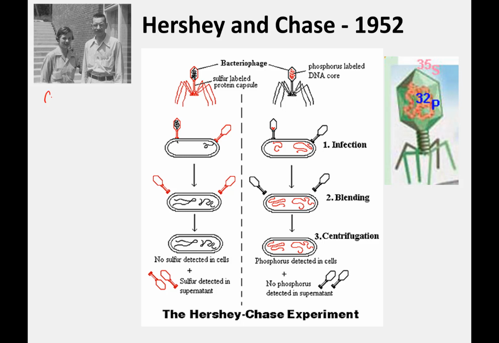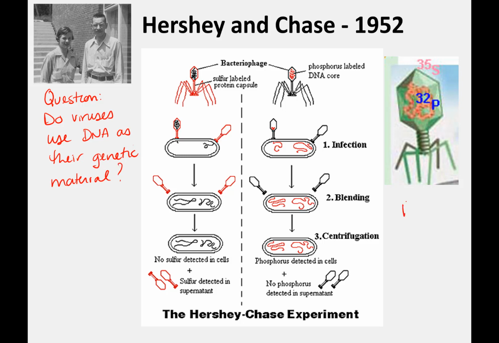So I guess the question was, do viruses use DNA as their genetic material? And Hershey and Chase were working with a phage, this little guy up here in green, and a phage is a virus that infects bacteria.